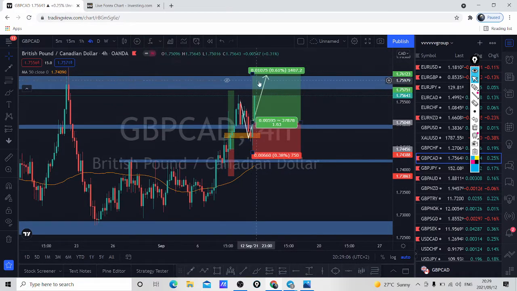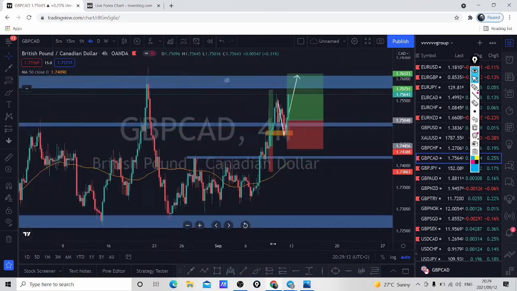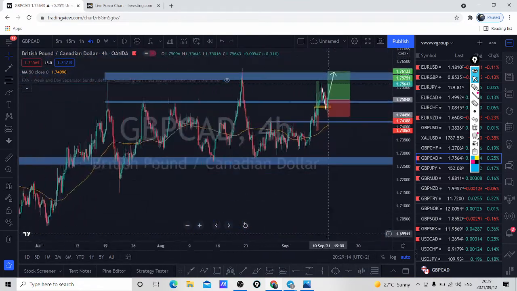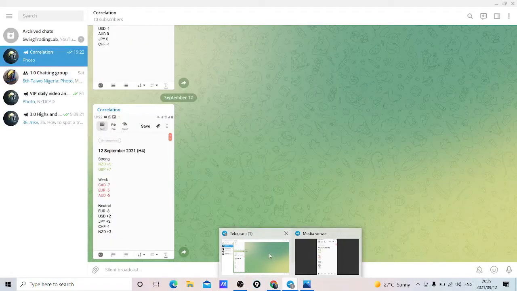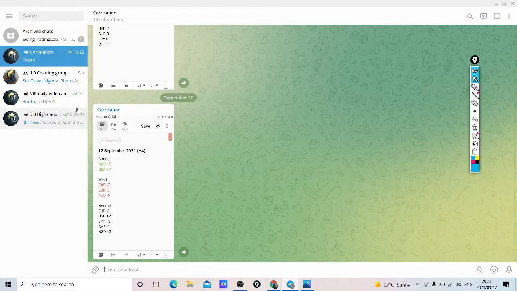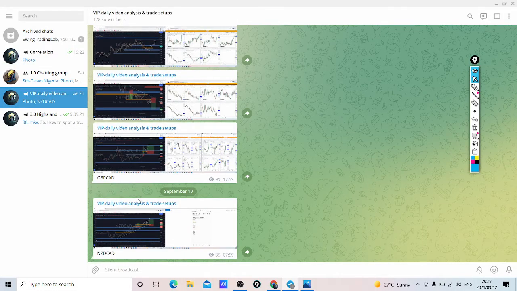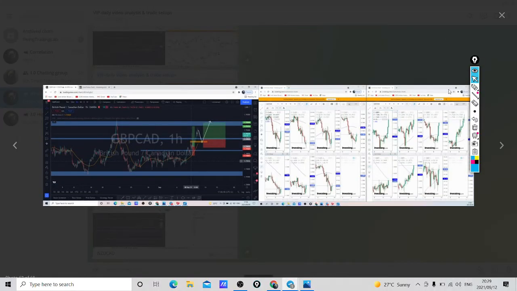So let's look at this. Okay, here I even got a buy. I got a buy here. I'm still holding this buy. This one I even gave out to my students here, in this VIP group. NZD I gave a buy. NZD CAD. Okay, GBP CAD.